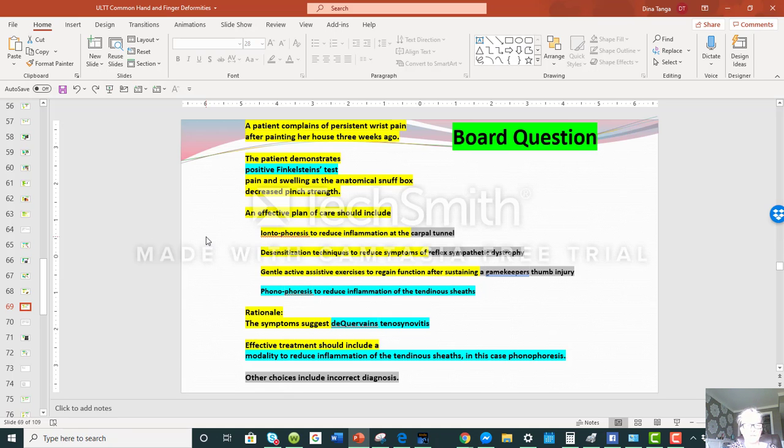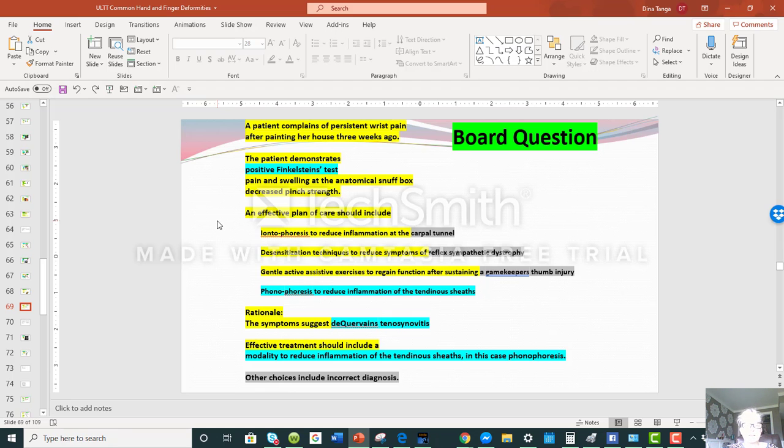Board question. Patient complains of persistent wrist pain after painting her house 3 weeks ago. Positive Finkelstein's test, pain and swelling at the anatomical snuff box, decreased pinch strength. Effective plan of care should include iontophoresis, desensitization techniques, gentle active range of motion exercises, phonophoresis.